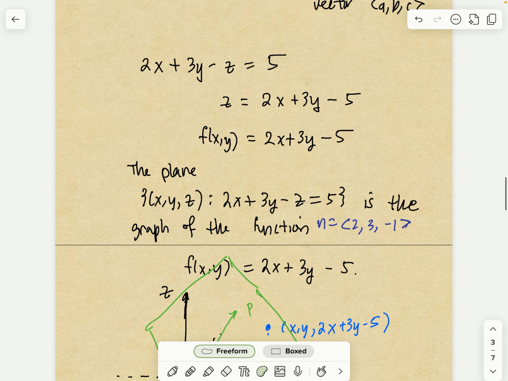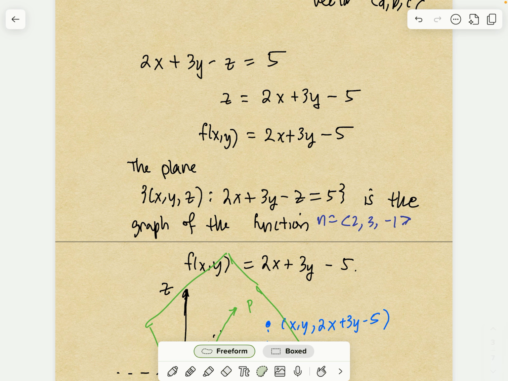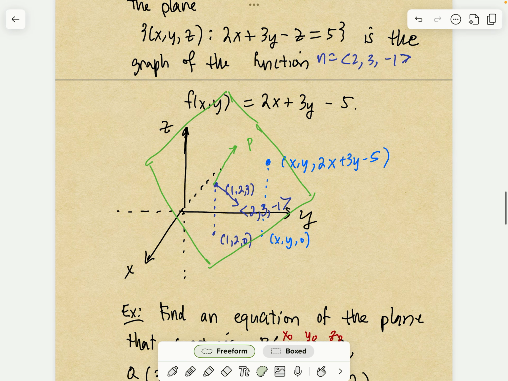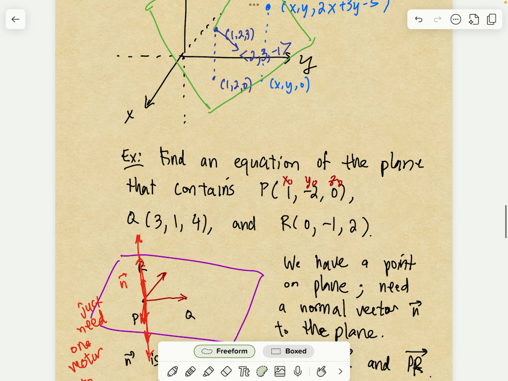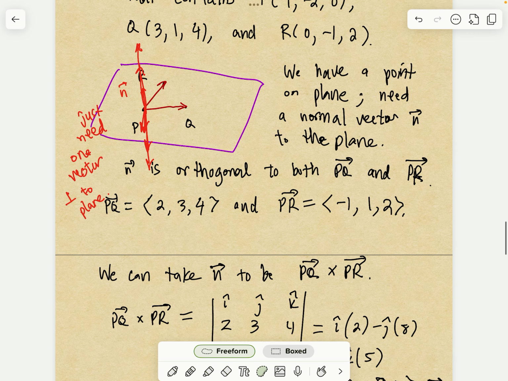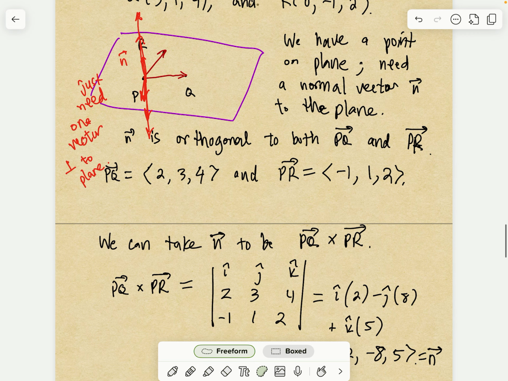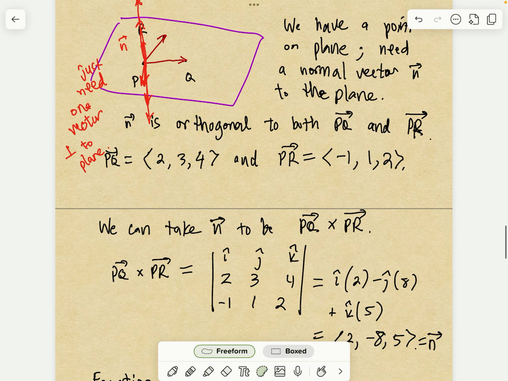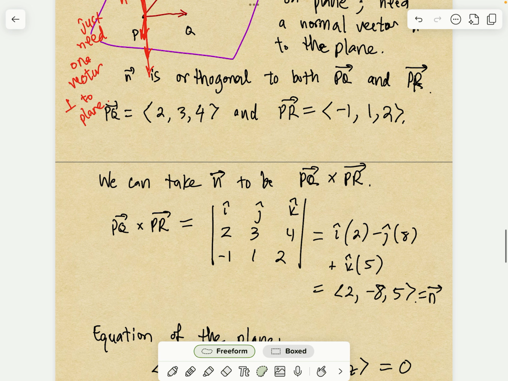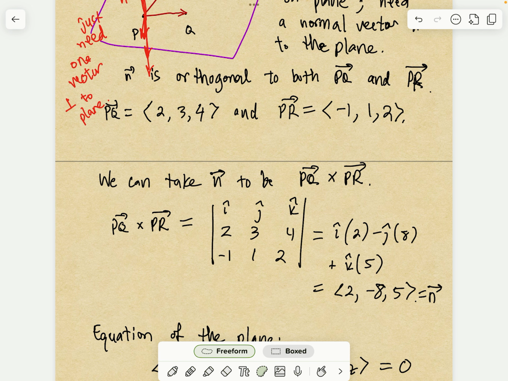And we saw how when you have an equation of a plane, you can think of the plane as the graph of a function of two variables. And we did an example of finding an equation of a plane that contains 3 points. You just take PQ and PR and take the cross product. That gives you a normal vector, and then you can use any point on the plane to find the equation of the plane.